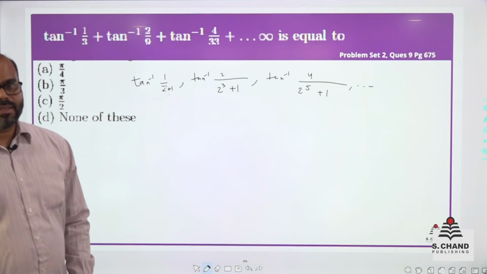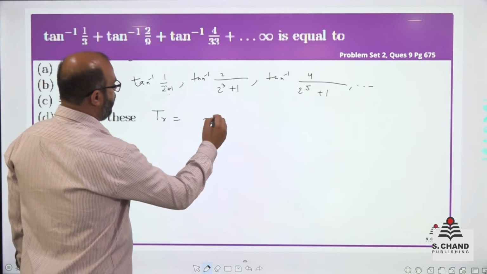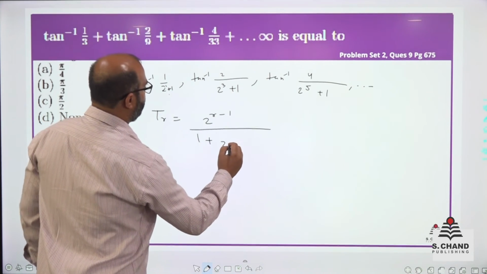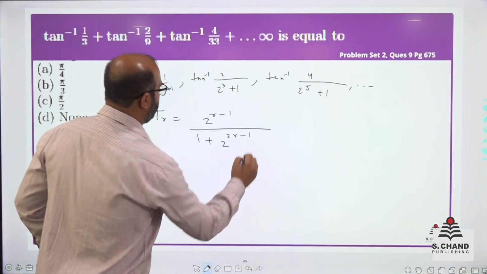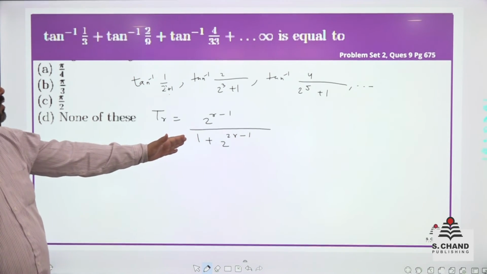So if you analyze its general term, it can be written as T r is equal to 2 to the power r minus 1 upon 1 plus 2 to the power 2r minus 1.